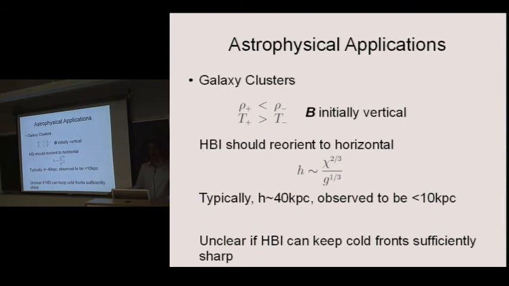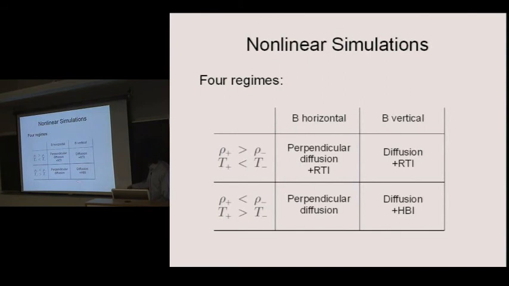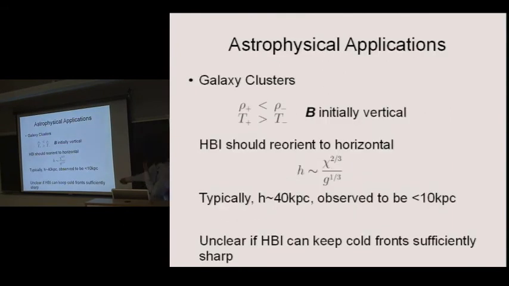For the cold fronts in galaxy clusters, if you imagine that the magnetic field is initially vertical, you expect this density change to be Rayleigh-Taylor stable. So you're in this regime where you start off having diffusion, but that gets cut off by the HBI. So you would expect that the width of the layer that you would end up with scales like this.